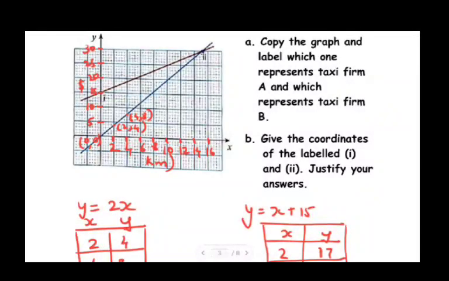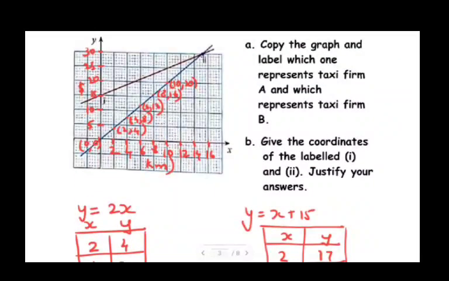My 6 is right here, it says 6 and 12. Then my 8 is here, which says 8 and 16. My 10 is right here, which is 10 and 20.